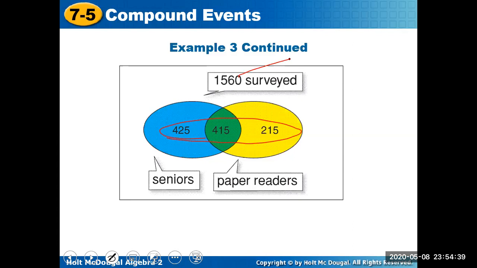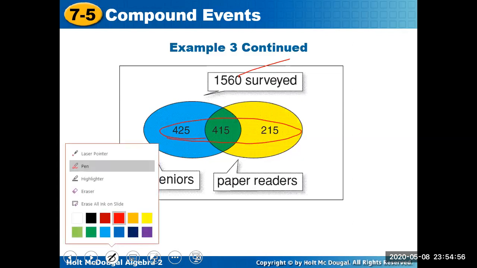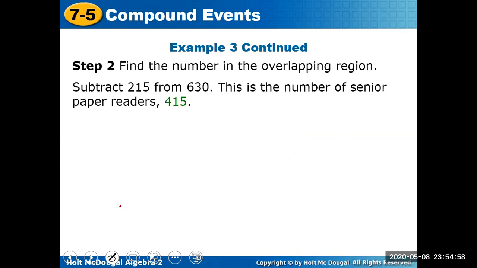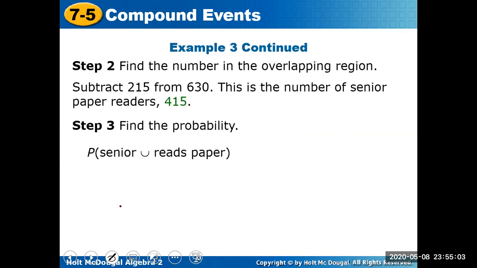So your answer should be 1055 over 1560, 211 over 312. But let's see if we get the same answer when we use the general method. That is probability of seniors plus probability of paper readers.